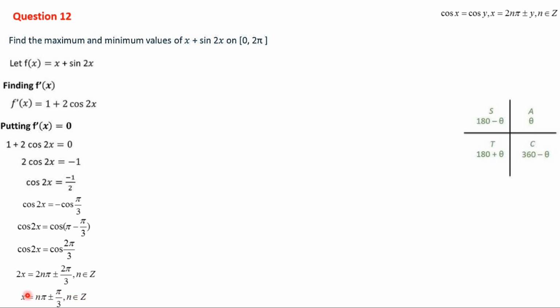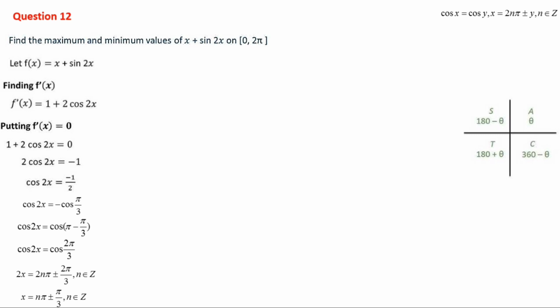So here we are going to find out different values of x within our range 0 to 2 pi. First of all, we put n is equal to 0, because n is an element of z, integers. Then 0 into pi is 0, plus or minus pi by 3, so you will get plus pi by 3 as well as minus pi by 3.